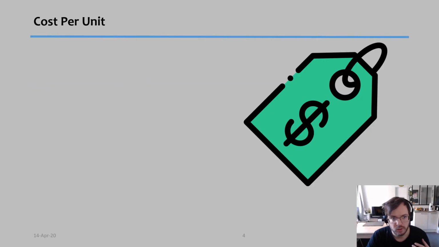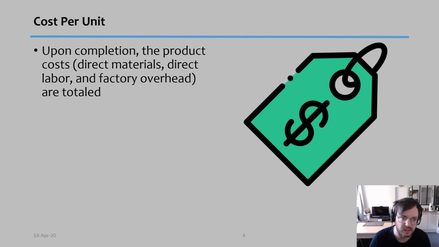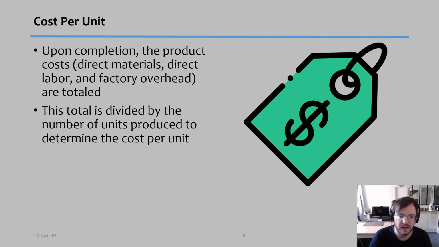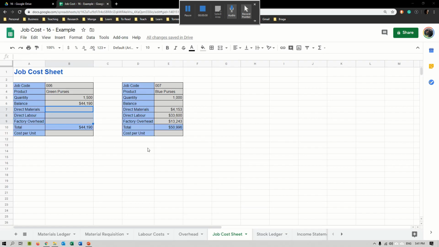But when we actually complete one of the jobs, then we can calculate the cost per unit. Upon completing it, we total all these values like we already did, and then we divide those values by the total amount of units that we produced. So going back to our job 007 that is now completed, I go to the cost per unit and simply divide my total cost by my number of units.